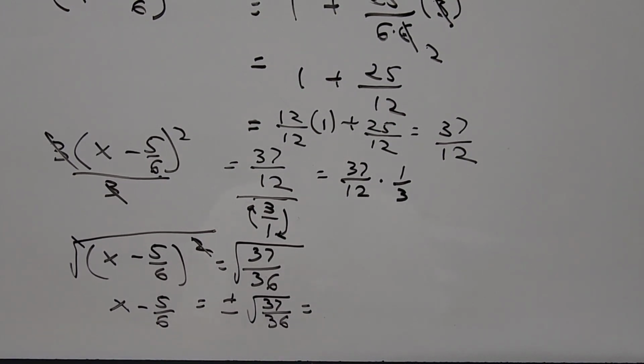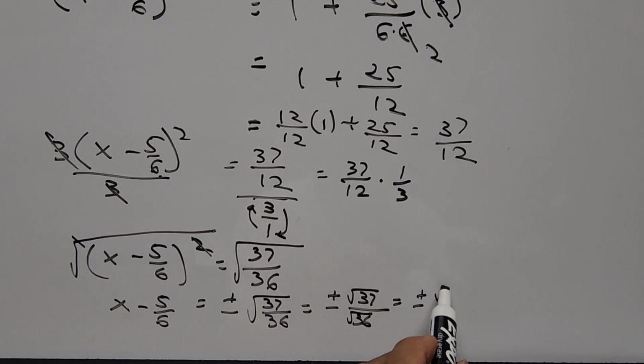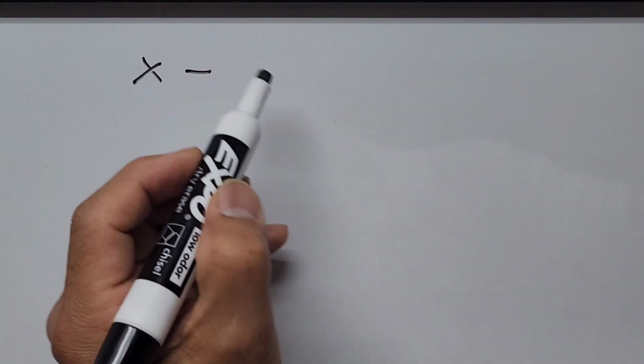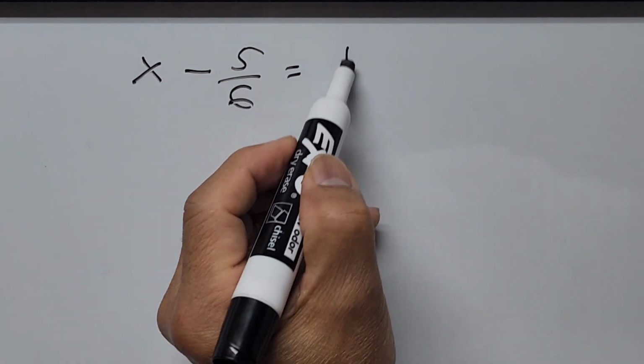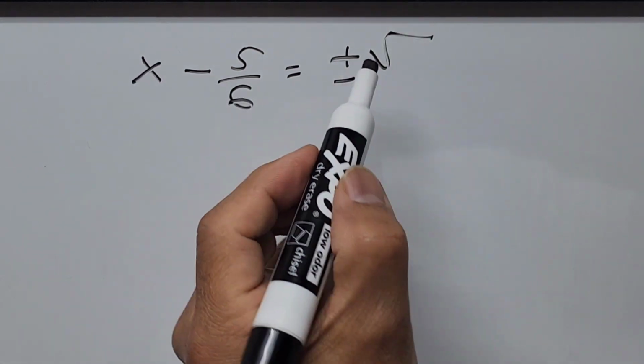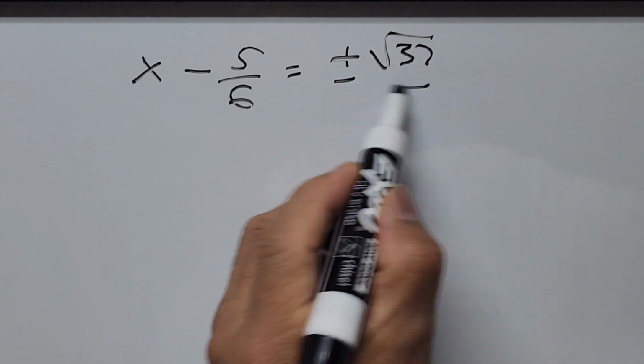And this can be written as plus or minus the square root of 37 divided by the square root of 36, which is 6. We now have x minus 5/6 equals plus or minus the square root of 37 divided by 6.